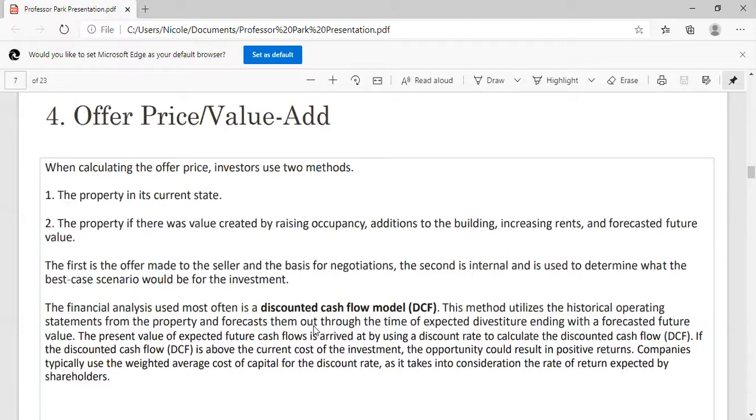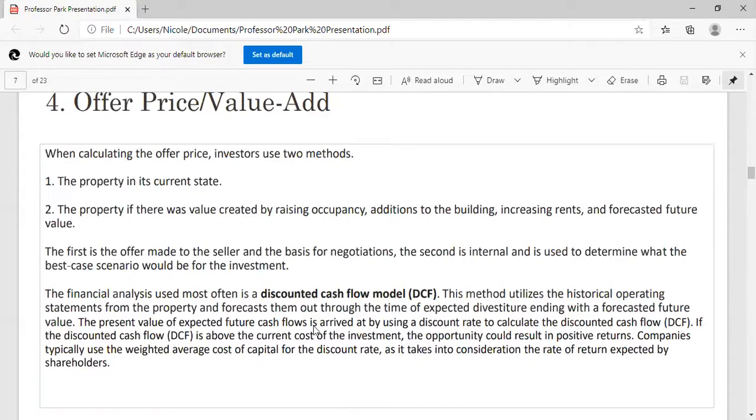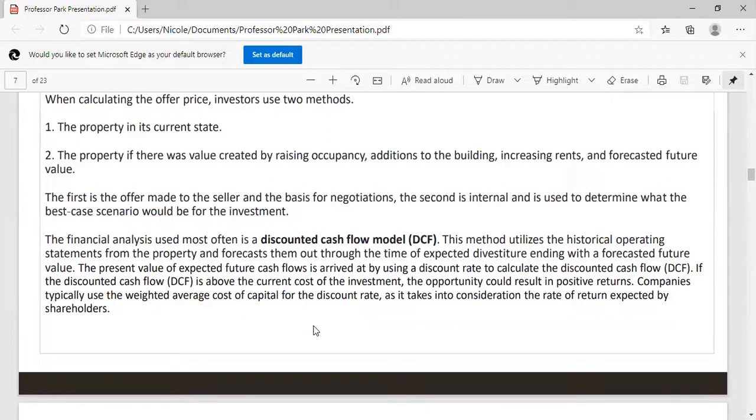You could also do value add by say it's an office building and you could add maybe a restaurant or something to it. That would be a value add where you could generate further income by leasing the property out to maybe a restaurant or something of that nature, or any kind of retail for that matter. Or just maybe adding additional office space to the property that could increase income. So that would be an internal one that you would not go to the seller with, obviously. You would keep that internal.